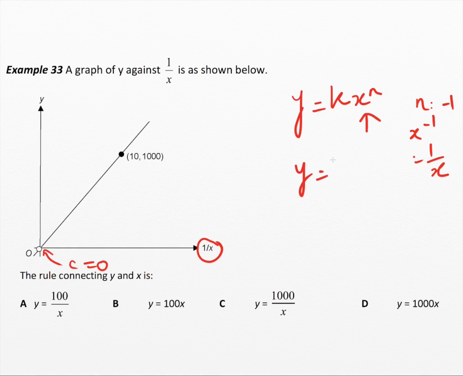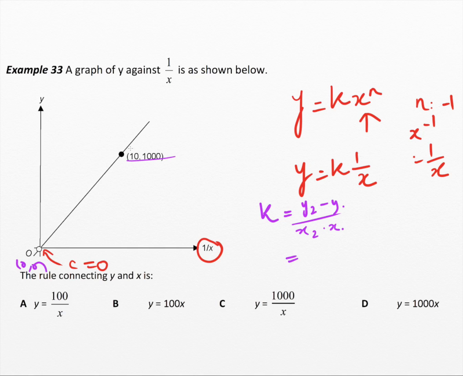So we're working with y is equal to k times 1 over x, and now all we want to do is find k. So we want to find the gradient of this graph. Here's k, we want y2 minus y1 over x2 minus x1. Find 2 coordinates, so we have one coordinate here, which is 0 and 0, and they've also given us another coordinate.